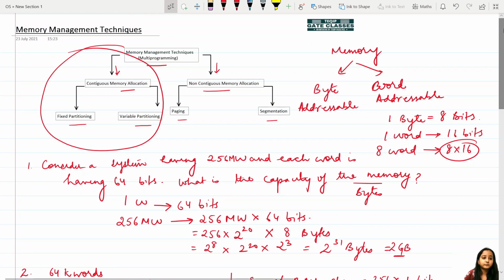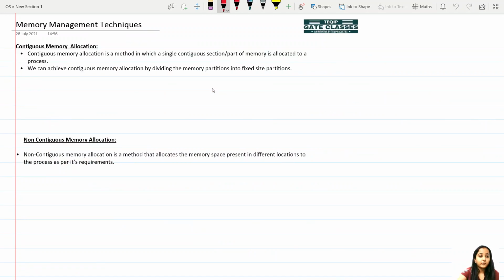First we'll understand what is the difference between contiguous memory allocation and non-contiguous memory allocation techniques. Contiguous memory allocation is a method in which a single contiguous section of memory is allocated to the process.